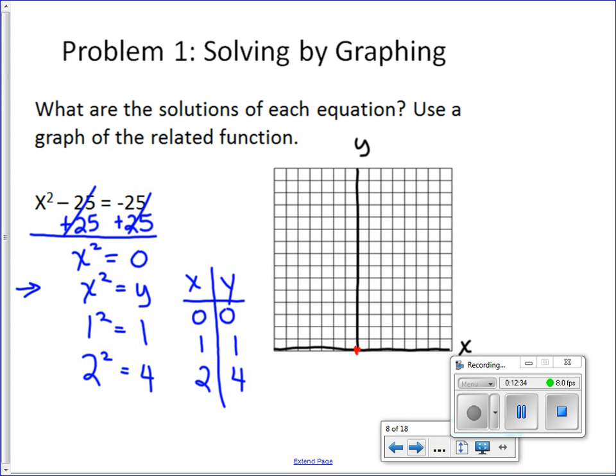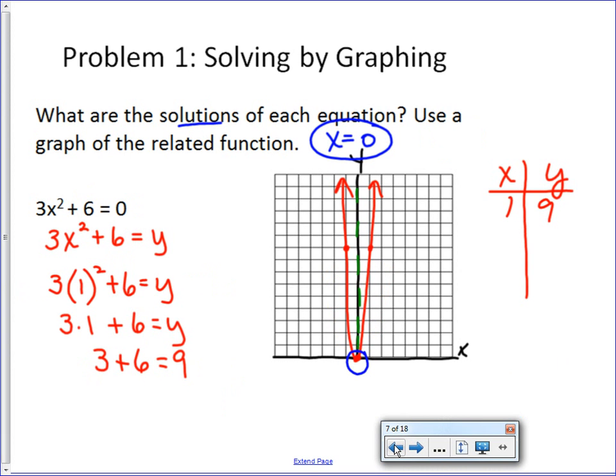We have 0, 0 right here, 1, 1, reflected across the axis of symmetry, 2, 4 right here, and I'm going to connect my points. Now, I realize at this point I made a mistake on the previous graph, so we'll go back here and fix it in just a moment. This one, I do have a solution of 0, 0. So my x equals 0 would be my solution. Okay, let's go back.